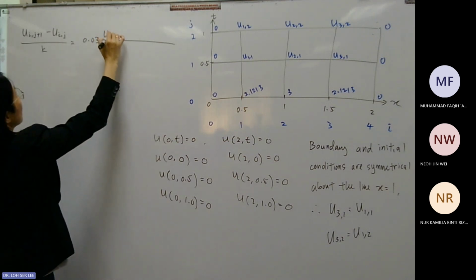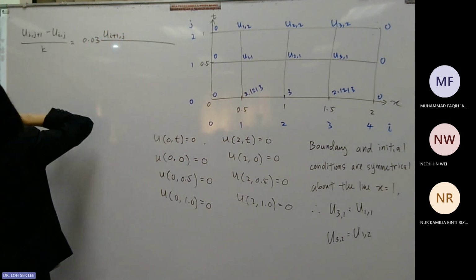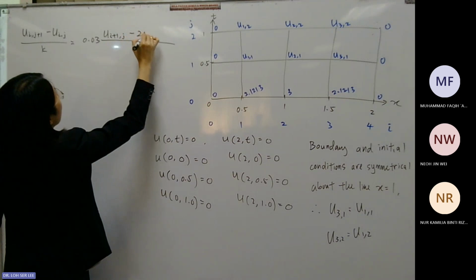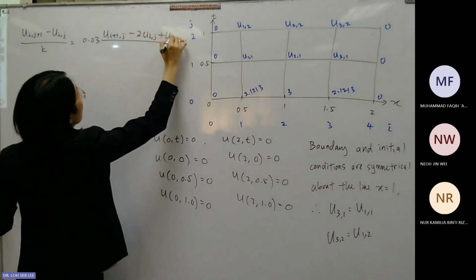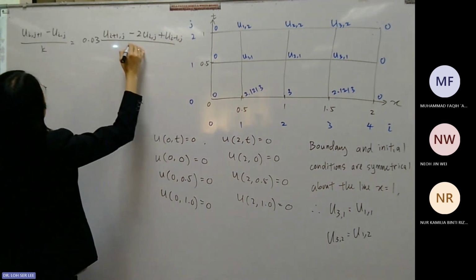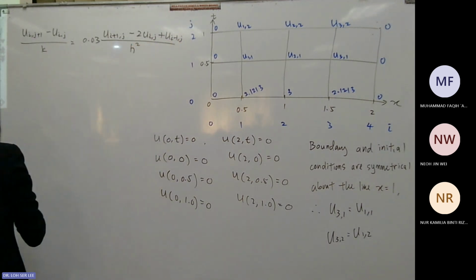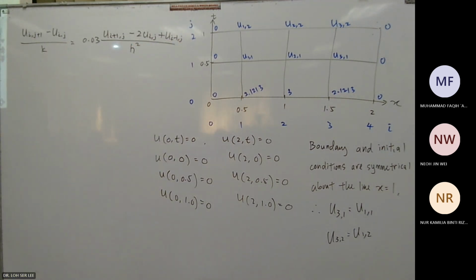UXX. So we move the k to the right, factorize the h squared.